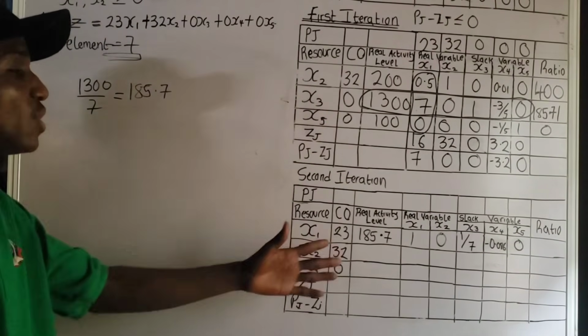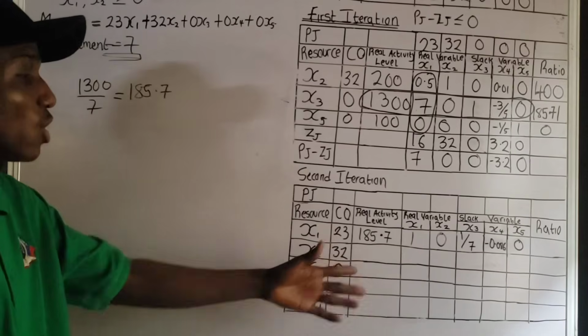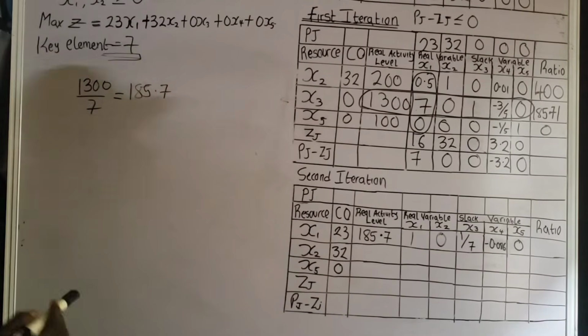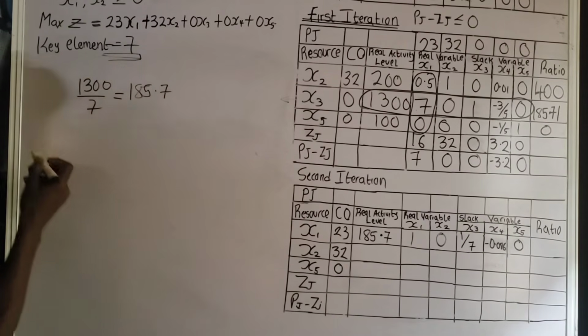Okay, to get the new value for the other cells, we have to use that formula that I gave you the other time, which is given by this.